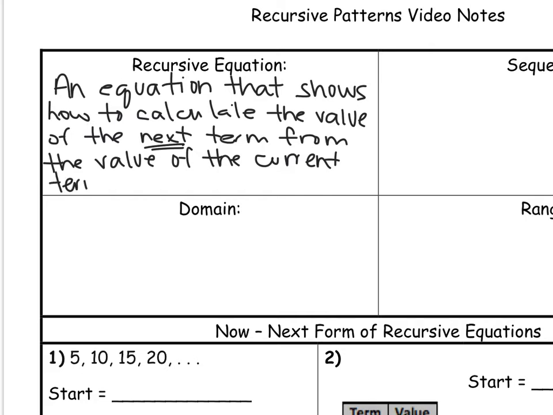And the current term we're going to refer to as our now. So we call this type of equation a now-next equation. So how do we get to the next term from the current term? Now I have 5, my next term is 10. We'll come back to that looking at the examples on the bottom.